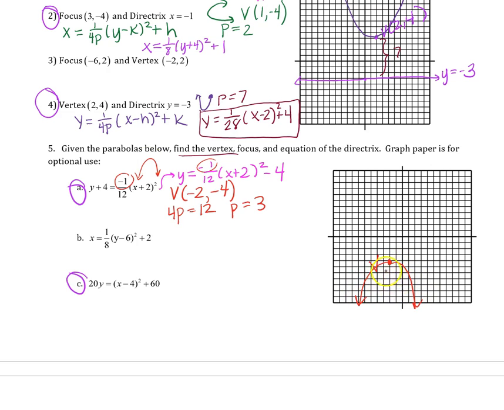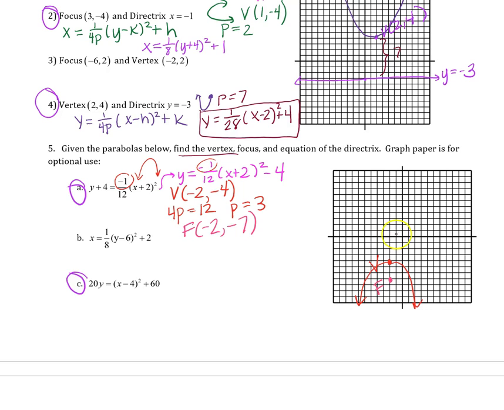So that means my focus must be in here. So since I know p is 3, I have to go down 3 more units. So 1, 2, 3. This is my focus. So my focus must have the coordinate negative 2, negative 7. Right, because I had to go down 3 more units and I was already at negative 4.